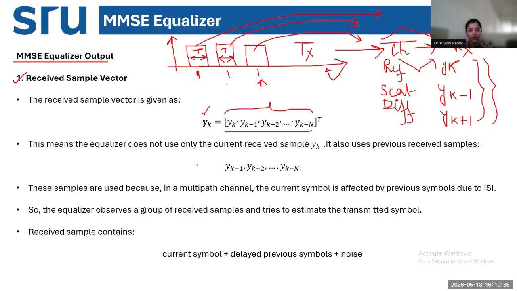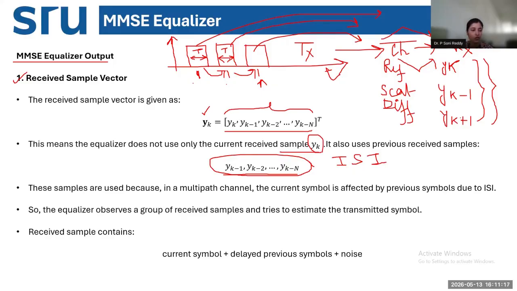Now the current received signal is yk, but the previous received samples were yk minus 1, yk minus 2, and yk minus n. Why am I concerned with the previous symbols here? Because of the effect of inter-symbol interference. What is happening? One symbol is overlapping with the next symbol. So my current symbol, that is yk, the current signal being transmitted, will have some component of the previous symbol as well.